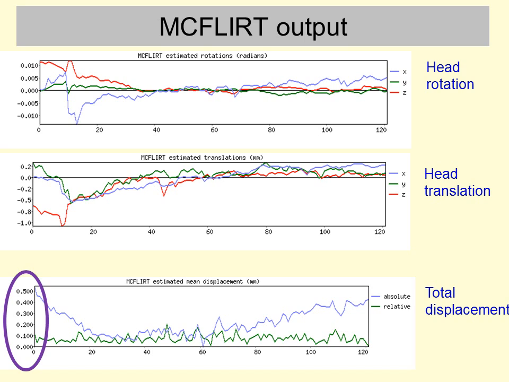Now there are 2 lines on the total displacement plot. The blue line is labelled here as being the absolute line, and so it's calculated the same way as the lines in the 2 graphs above, i.e. for image 120 here, it's just the absolute difference in position of that image compared to image 60, the reference image, whereas the relative plot gives you different information.